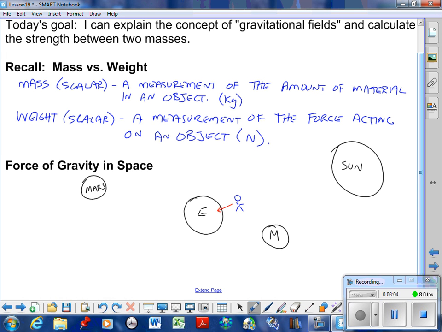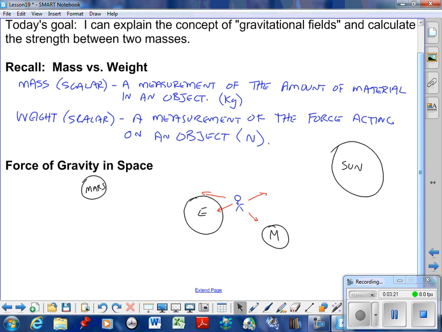But as you approach the other objects out there, the moon is going to pull on you a little bit. The sun is going to pull on you a little bit. Mars is going to pull on you a little bit. So you have a whole lot of forces due to gravity applying to that body.